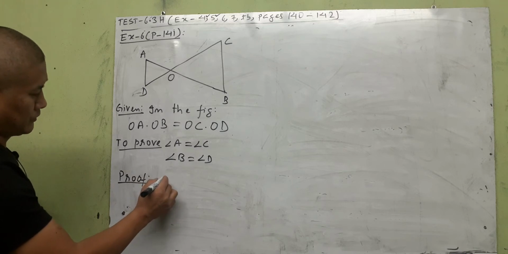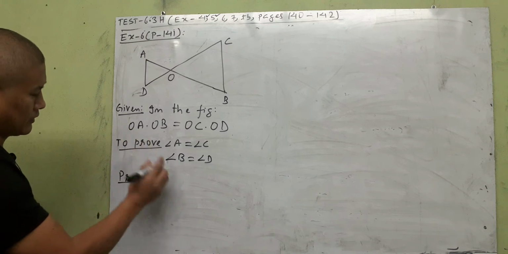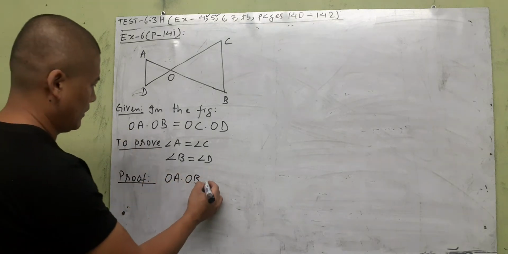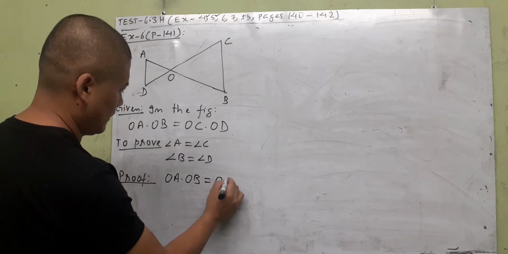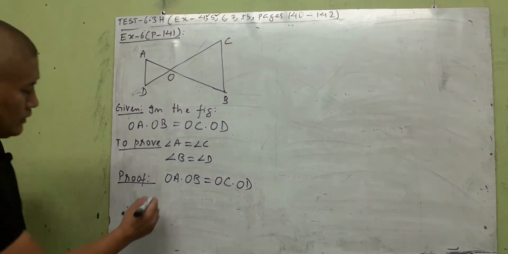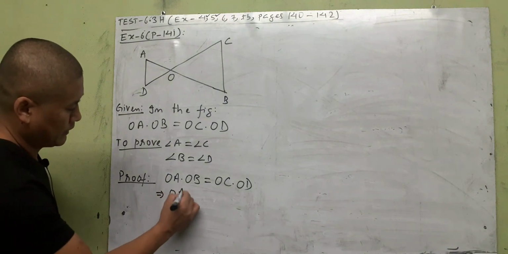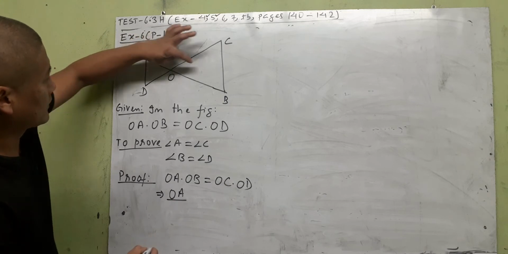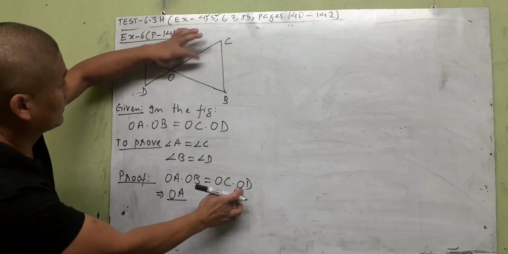Let's take this 2 here. Okay, you can just start here. OA into OB equal to OC into OD, like this also we can do. And let's just write like this, OA. So OA is the side of this triangle. Let us search which of these two is the side of this one.